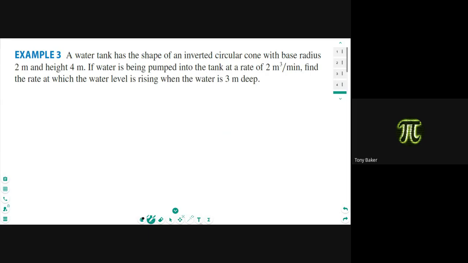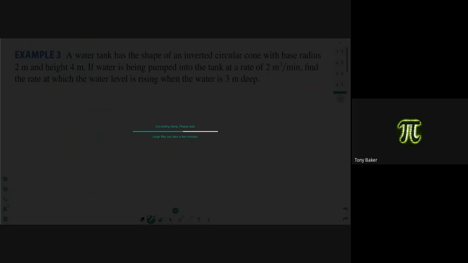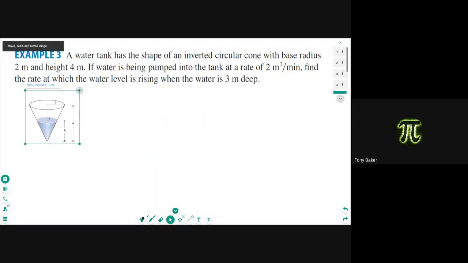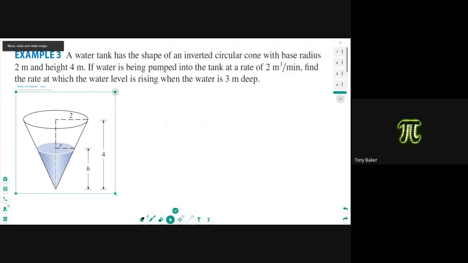Now I cheat. I already have the picture. All right.